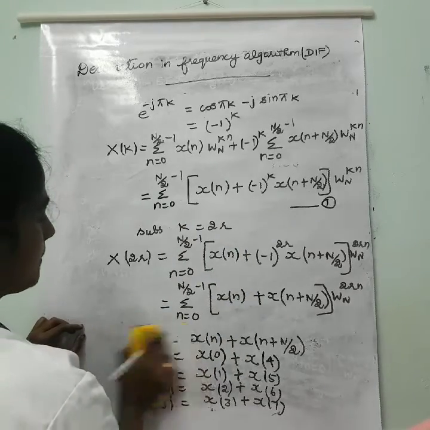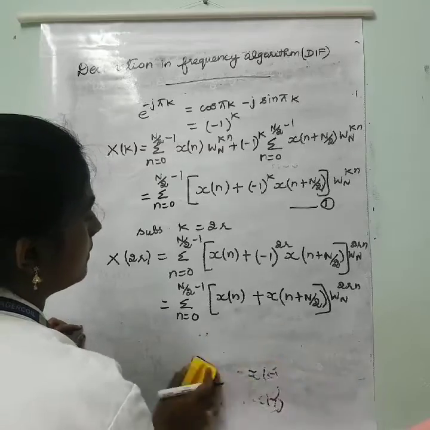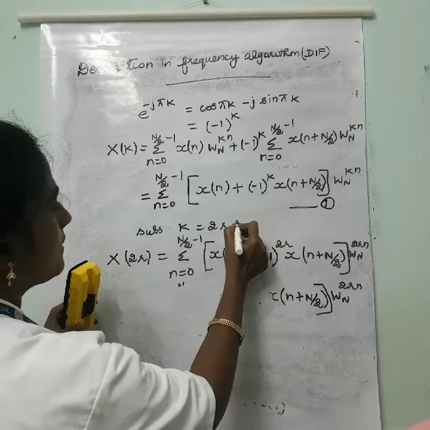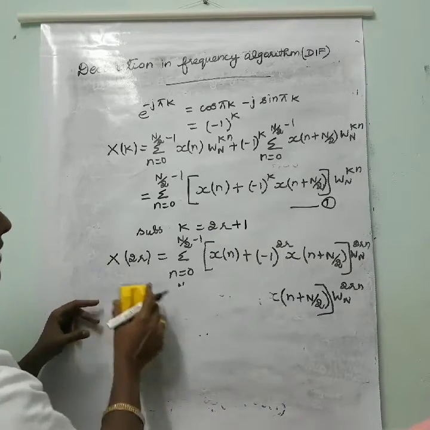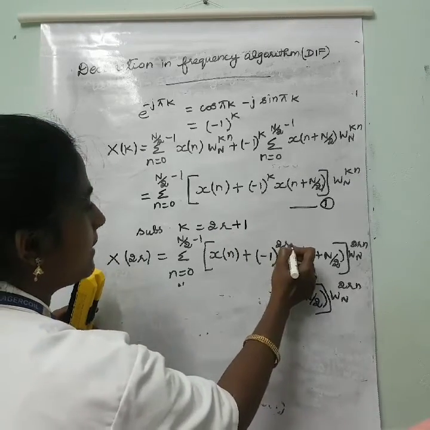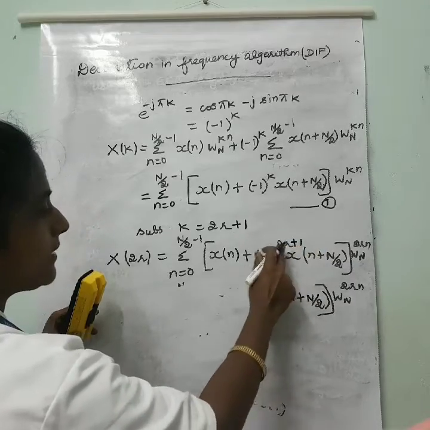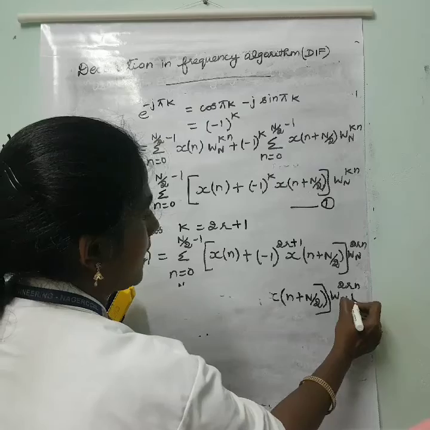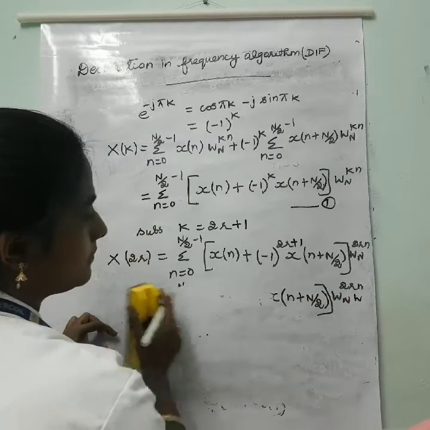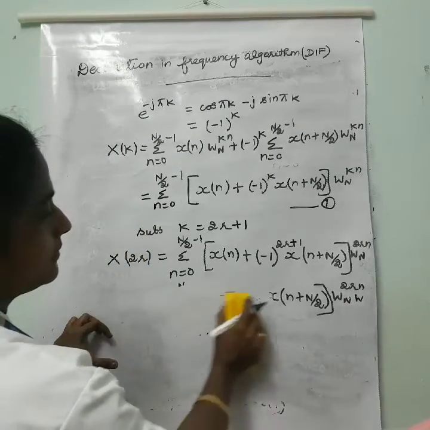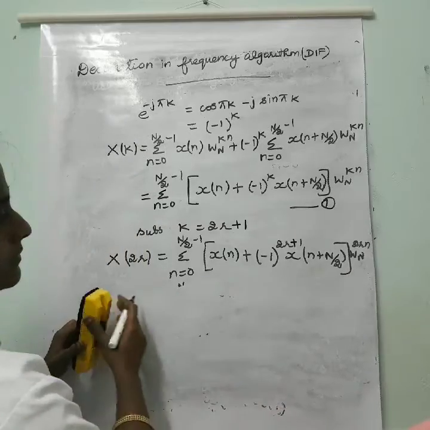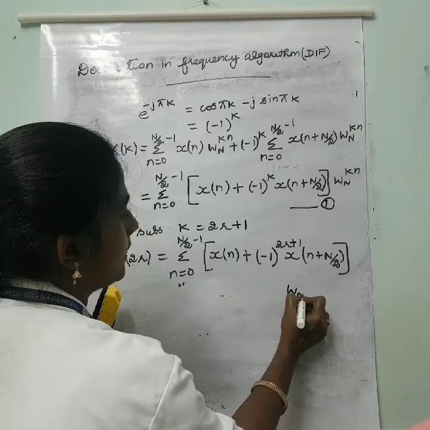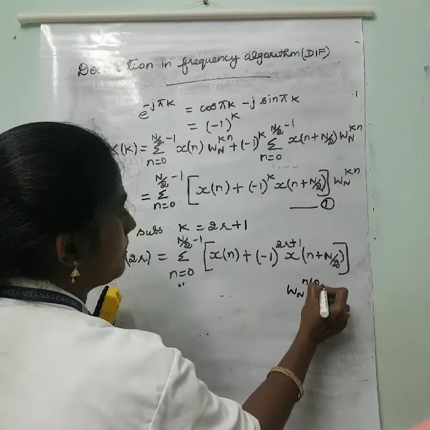When we substitute k is equal to 2r plus 1 in the above equation, you will get minus 1 power 2r plus 1, and here you will get wn power n into 2r plus 1.